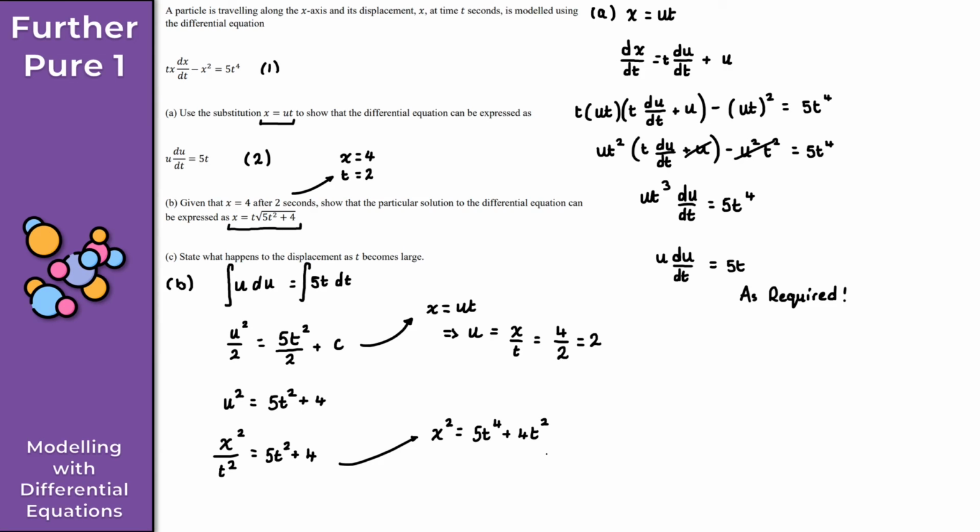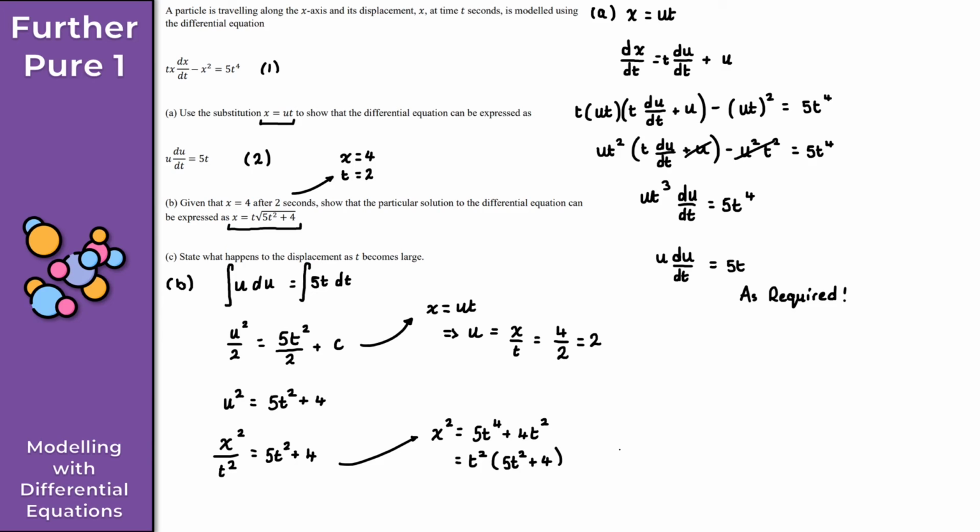Okay? Well, what I can do here is factor out a t squared. So I've got t squared times 5t squared plus 4. So kind of reflecting on my working, it might have just been easier to write the multiplication as that anyway, but it doesn't really matter too much.